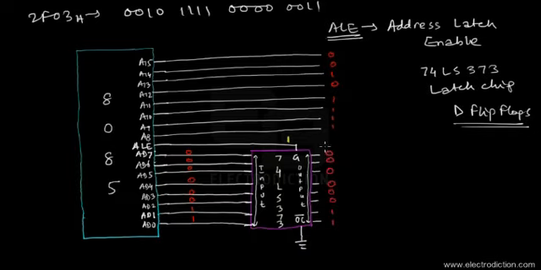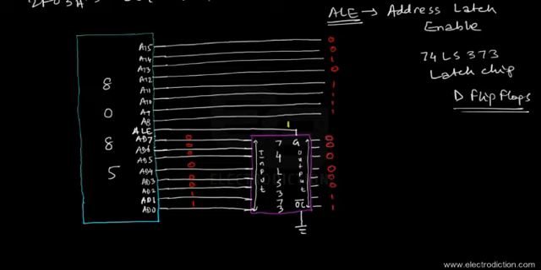This is referred to as the demultiplexing of the lower order address bus. So at this moment the demultiplexing of the lower order address bus takes place.